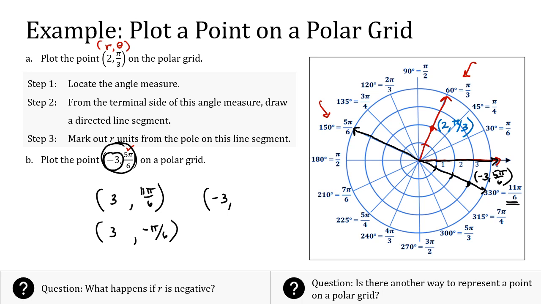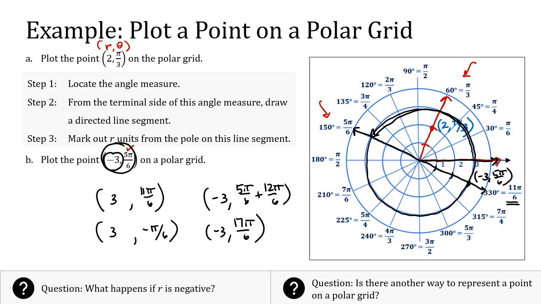Instead of 5 pi over 6, we could add a whole rotation to that, which takes us into the same location. 5 pi over 6 plus a whole rotation would be what? 5 pi over 6 plus 2 pi, which is 12 pi over 6. So another way to write this might be negative 3 comma 17 pi over 6.